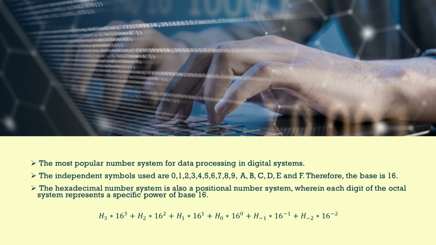Here the independent symbols used are 0, 1, 2, 3, 4, 5, 6, 7, 8, 9, then A to represent the decimal number 10, B to represent the decimal number 11, C to represent the decimal number 12, D the decimal number 13, E the decimal number 14 and F the decimal number 15. So we have got 16 symbols and therefore the base or radix we say it as 16.